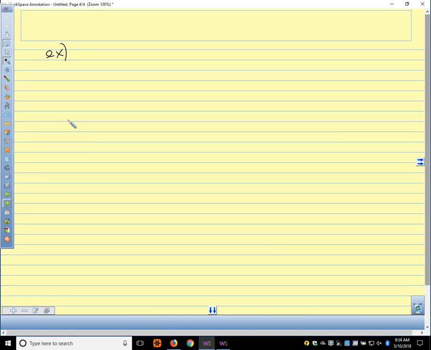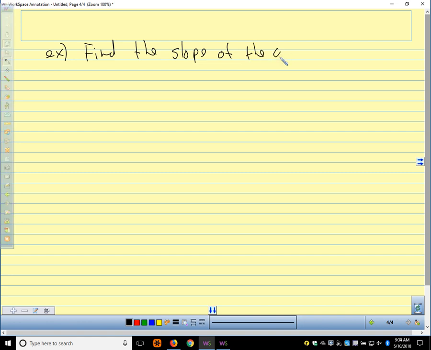Okay. So we want to find the slope of the graph of f of x equals 2x squared minus 3 at x, f of x.